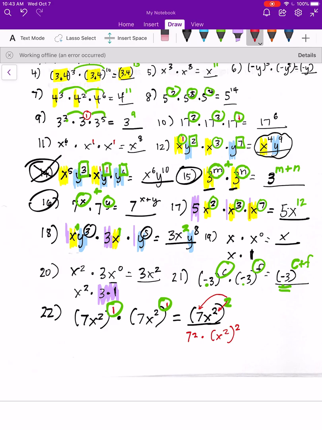Well, what's 7 squared? That means 7 times 7. 7 times 7 is 49 times, now we have x squared squared. So this really means x times x, because that's x squared, and then you have two of them, times x.